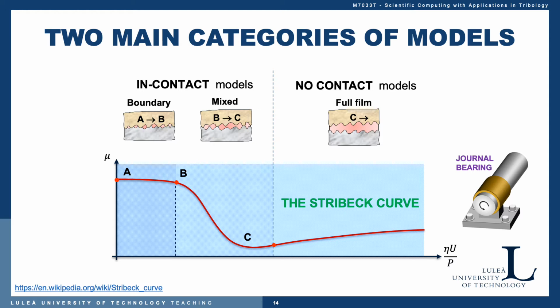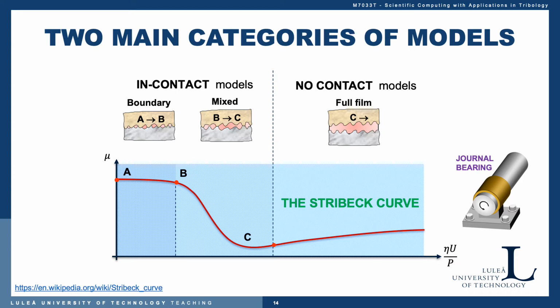The Stribeck curve was obtained by Stribeck himself for a journal bearing, and he was interested in capturing the friction for a journal bearing, and found that if he plotted the friction coefficient as a function of the Hersey number, a duty parameter as it is also called, where we have the dynamic viscosity eta, we have the relative speed between the surfaces u, and p, which is a measure of the load in the contact.